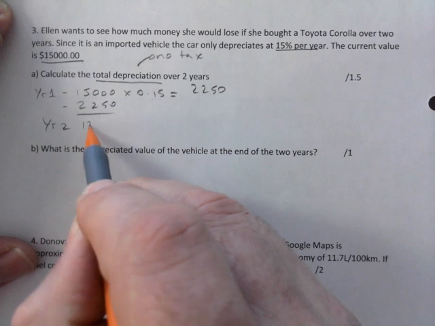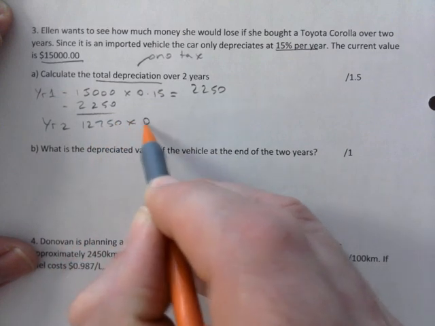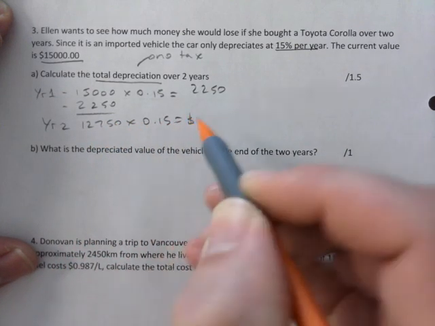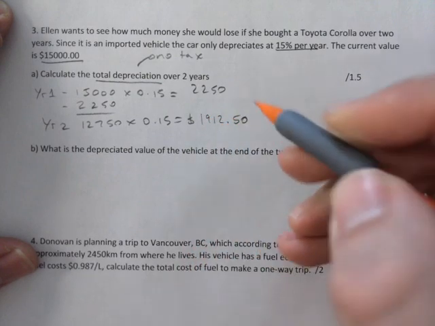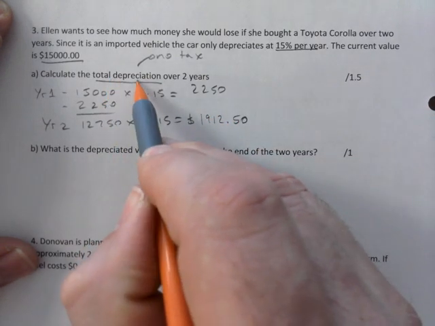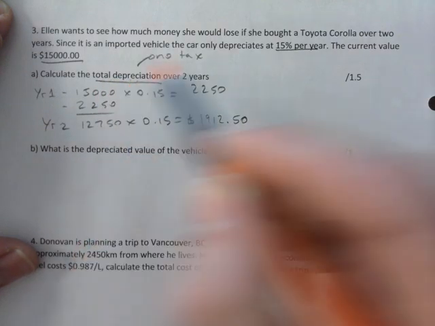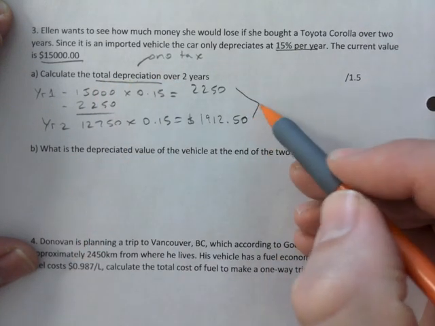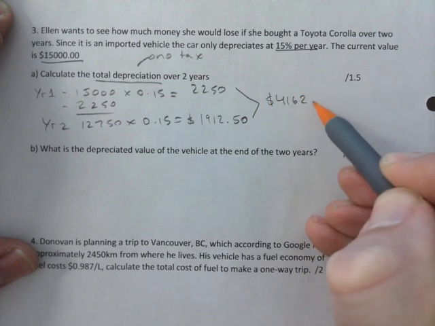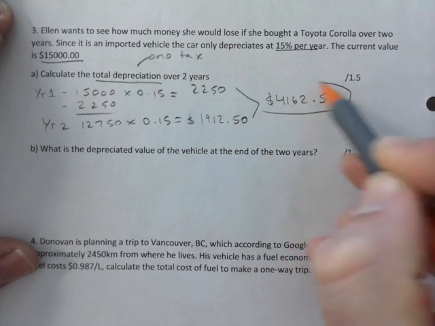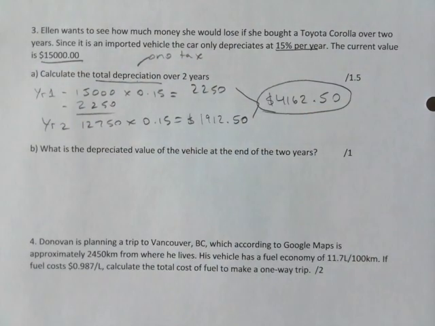So you have 12,750, find 15% again, that is 1,912.50. Okay, it asks for total depreciation, which is the total amount lost. So you need to give me that extra step where you add them up, and this is your depreciation. I don't care how you did it, to be honest, as long as you show me the work and you get that number, we're good.